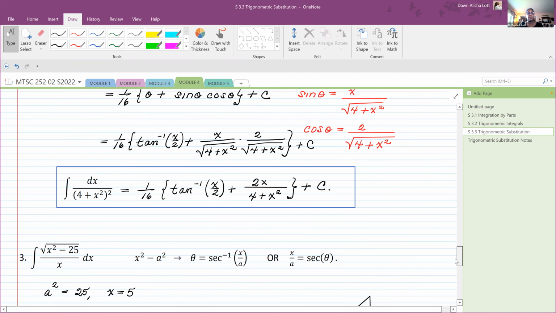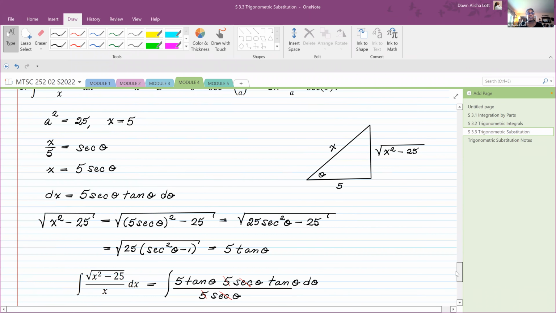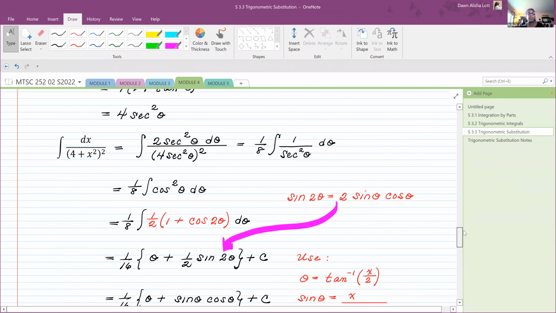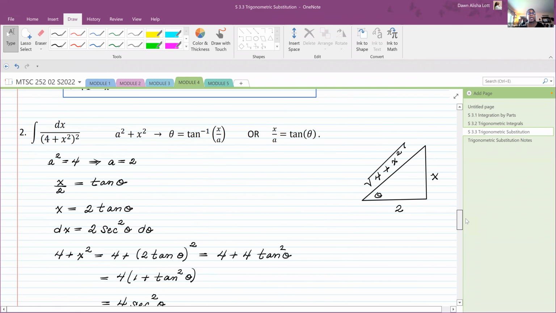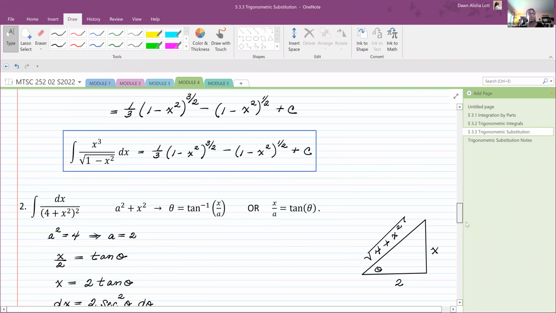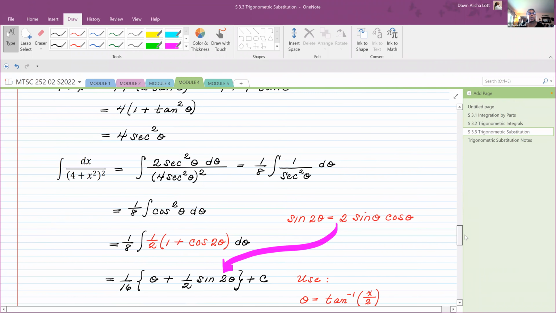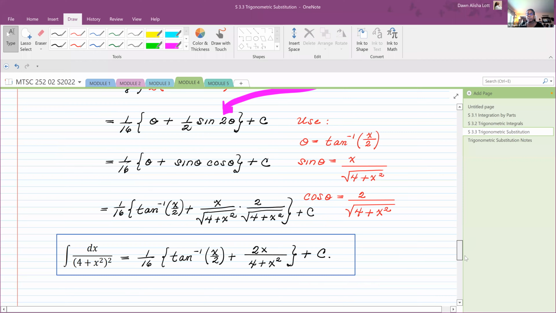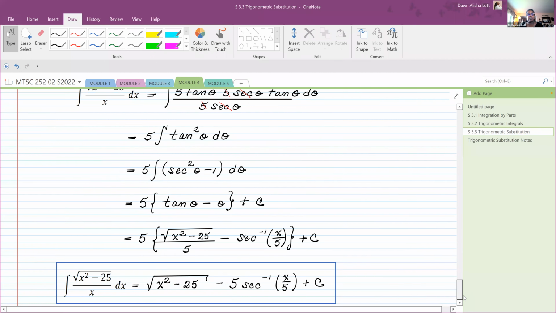We've used secant squared is 1 plus tangent squared a couple of times. We've used cosine squared is 1/2 times 1 plus the cosine of 2 theta. We had to use that one. So there are a lot of formulas that we needed for these problems.